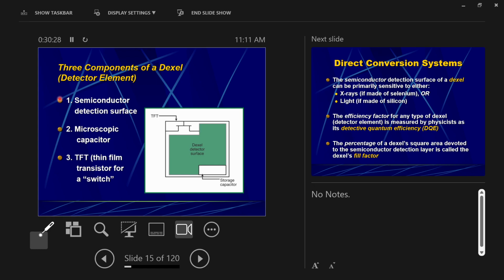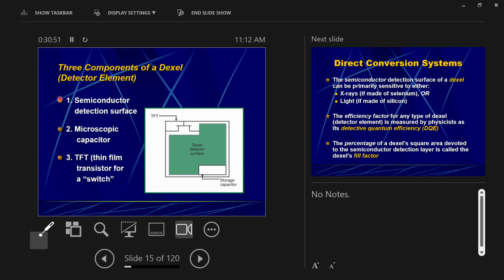Now, in the middle of the road between those two things are what are called semiconductors, okay? Semiconductors are materials that allow electricity to flow, but only under very special circumstances. For example, they will allow electricity to flow only when X-rays strike them, okay? So these detector surfaces are made of a semiconductor.